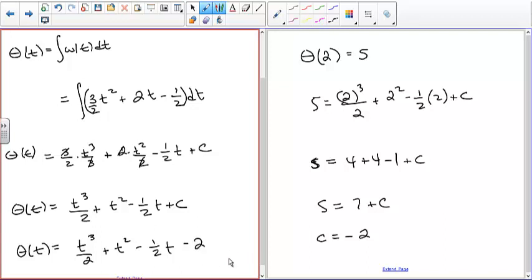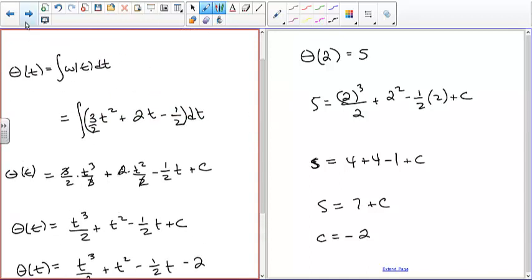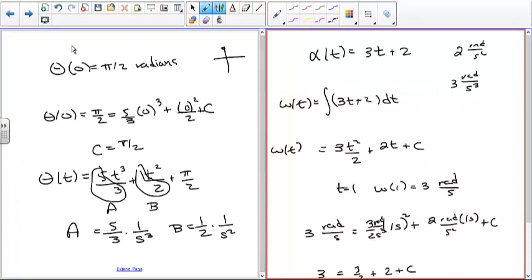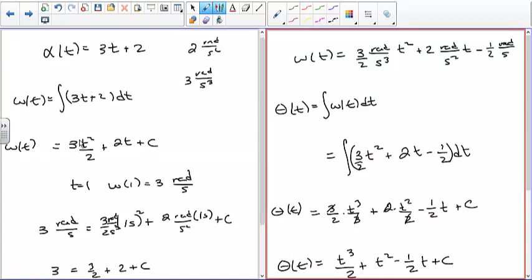Okay. So putting back in the units, you'd have 1/2, and the units for this thing were somewhere over here. Let's go back over here. So this one was 3, the original one.